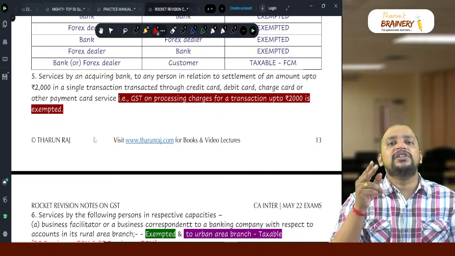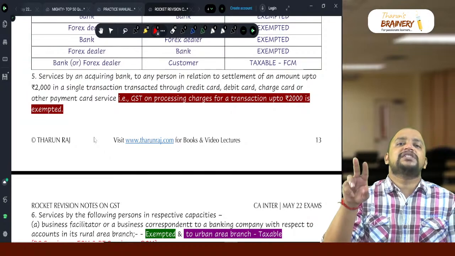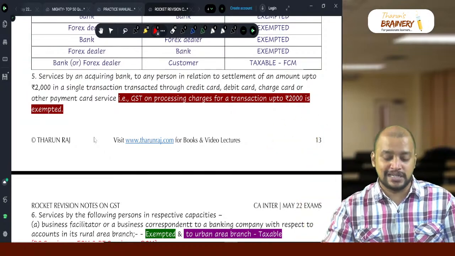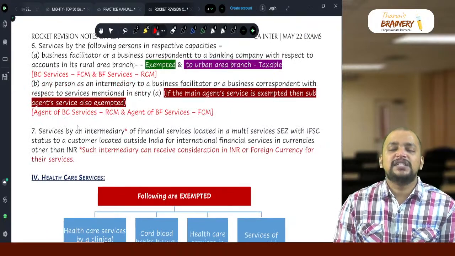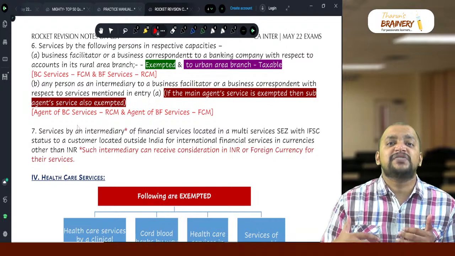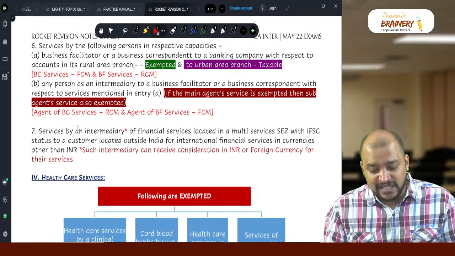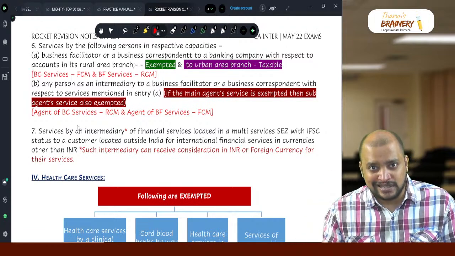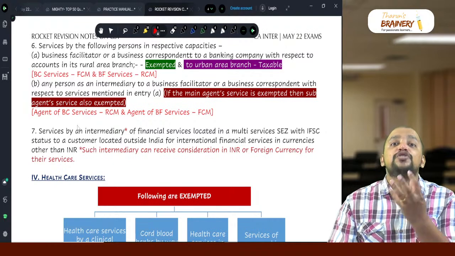If the swipe amount does not exceed 2000, the processing fee will still be there, but GST is not payable on it, that is exempted. Then point number 6, services by the following persons in their respective capacity. That is a business facilitator or a business correspondent, or an agent of a business facilitator or agent of a business correspondent, providing services to a banking company in rural area.